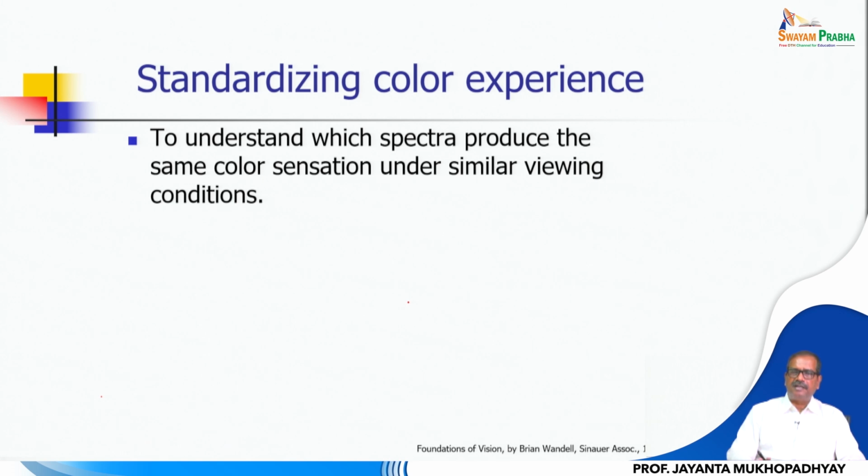So far we understood that color experiences could be represented in a three-vector form, which means the three-component form in vector space.